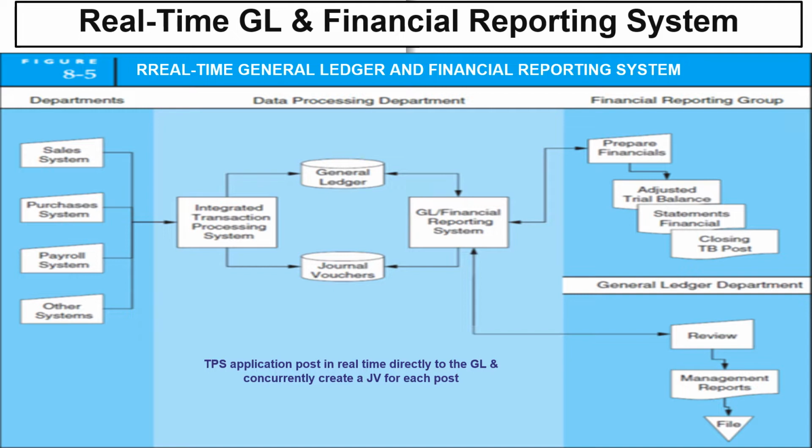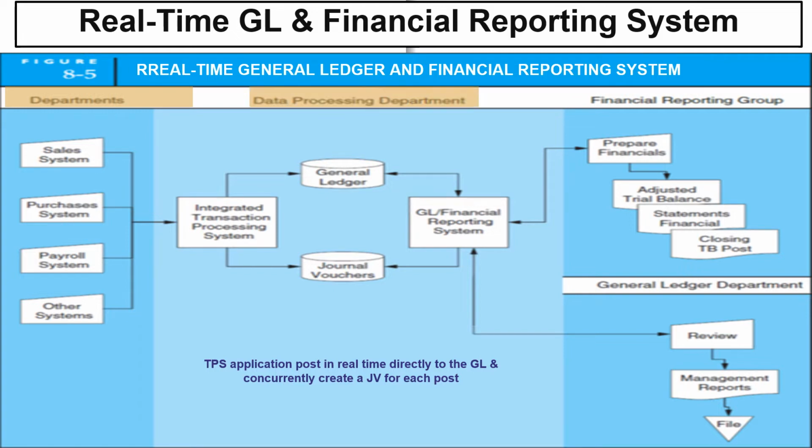But before that, we should understand that we have several departments involved, whether it is the sales department updating the sales system, or purchasing in the purchase and procurement system, payroll for the human resource and personnel department, and other systems for production and cost accounting, and so on.